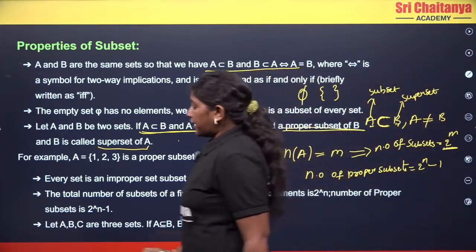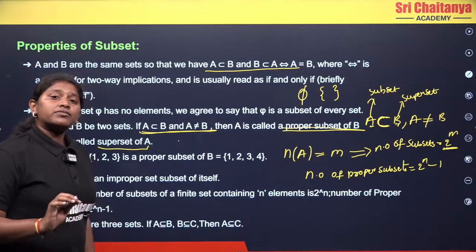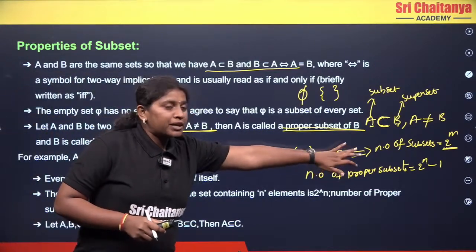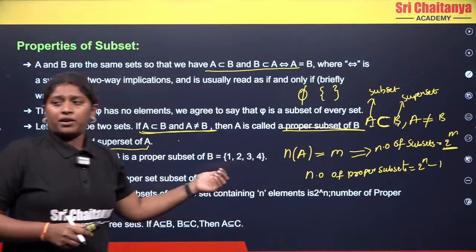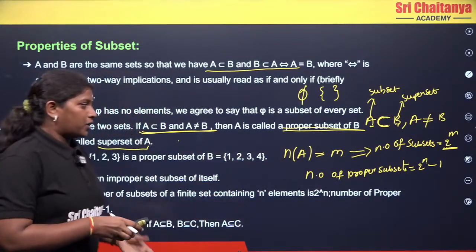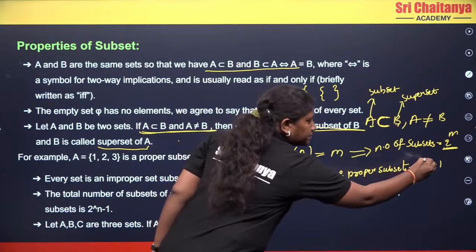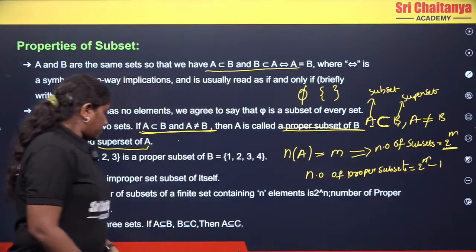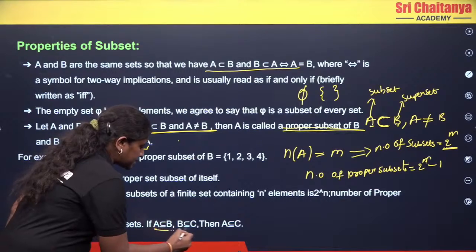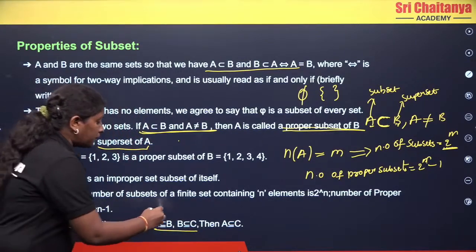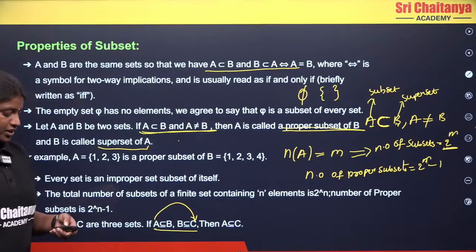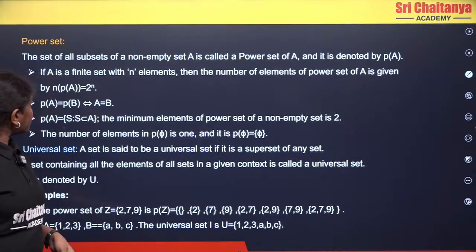So now for any set we can find the number of subsets and the number of proper subsets, where the number of subsets is given by 2 to the power m and the number of proper subsets is given by 2 to the power m minus 1. Moving to the next, if A is the subset of B and B is the subset of C, then automatically A also will become the subset of C. Now let's solve a problem.